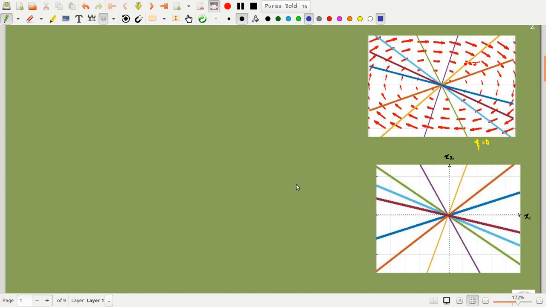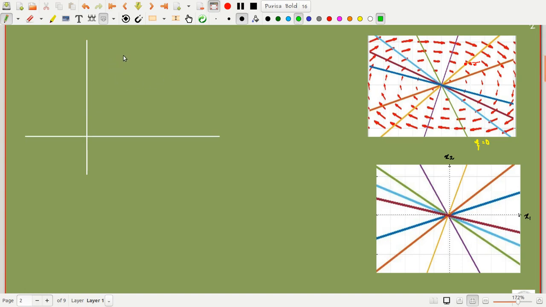Now we will see, given some isoclines, how it is possible to construct the phase plane trajectory. So let us see how to do that. The idea here is, suppose I have some isoclines.